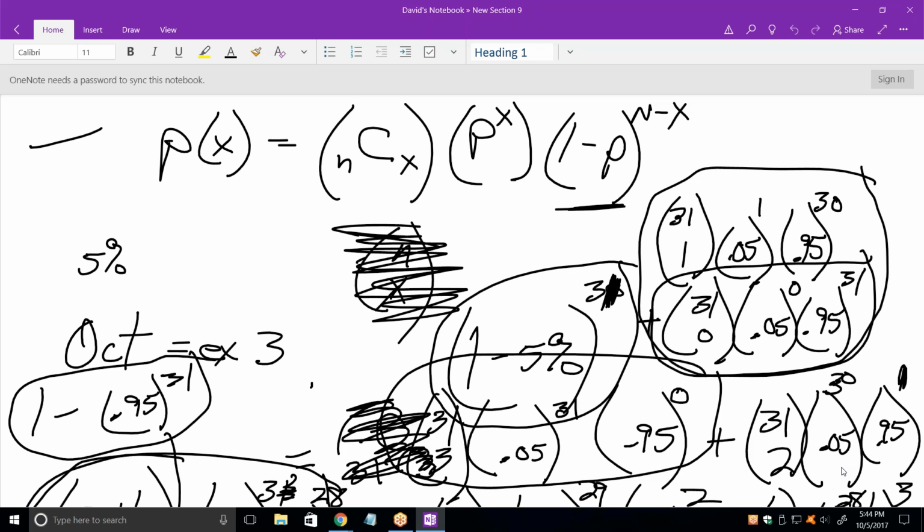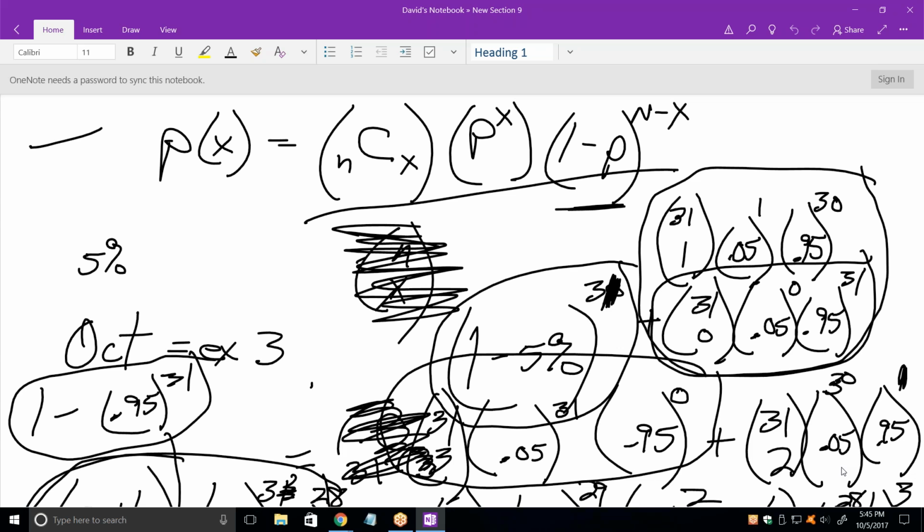Yeah. Well, I am looking forward to doing more probability. I'll try to keep up. But yeah, this is the binomial theorem, essentially.